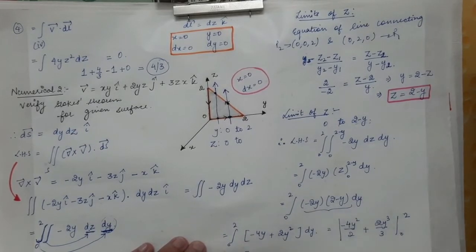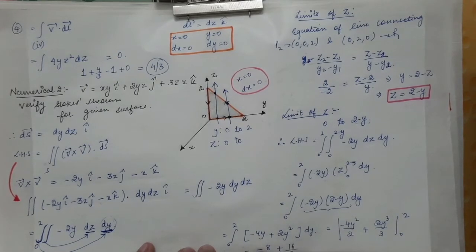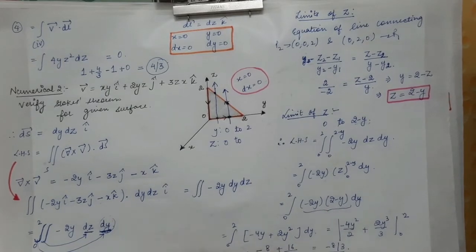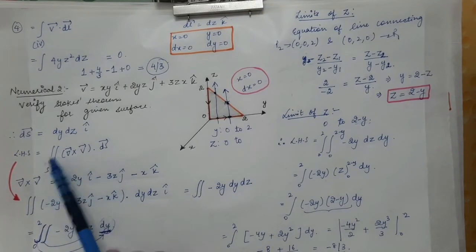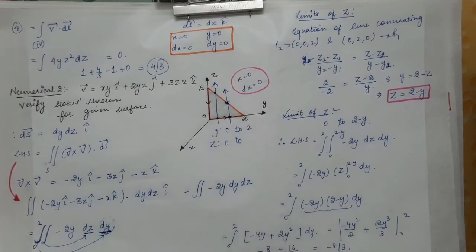Putting the upper limit y equal to 2, the first term will be equal to minus 8, and the second term will be equal to 16 divided by 3. This will be equal to minus 8 divided by 3. So this is the LHS: the surface integral of curl of vector v over the surface shown over here comes out to be minus 8 by 3.